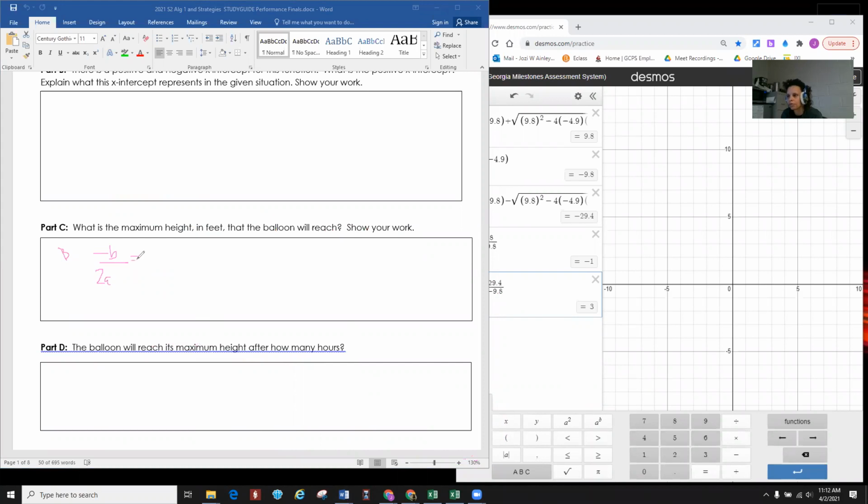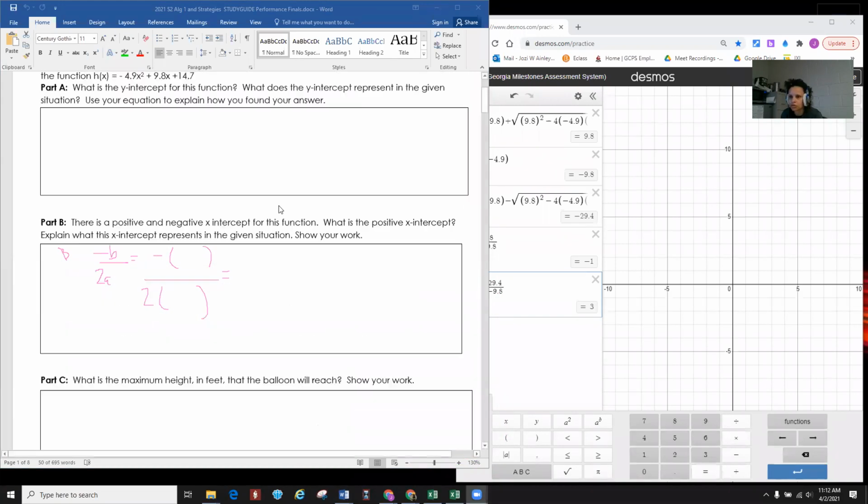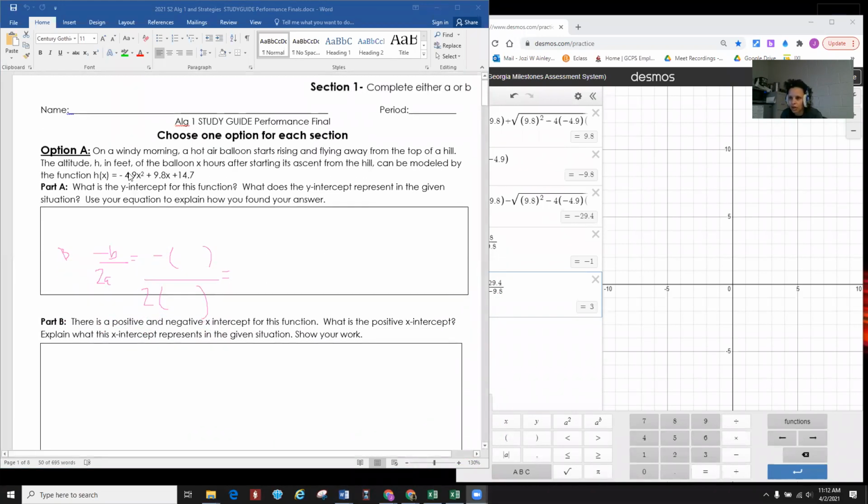So remember, my b was 9.8. So you go minus, and let's put parentheses 2a. My b was 9.8 and my a is negative 4.9.